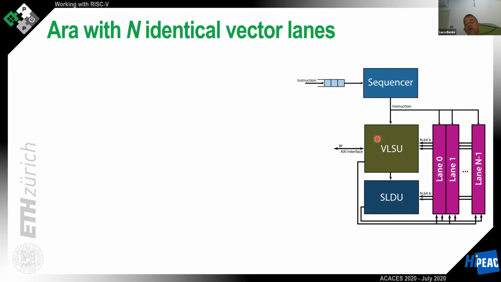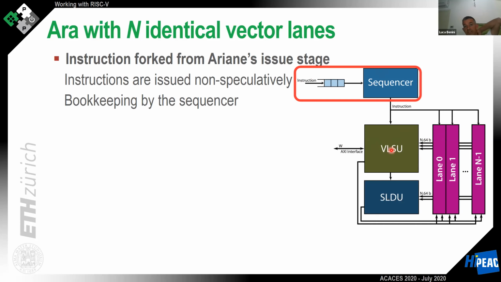And then externally to the lanes, you have a load store unit that will have to get the data out of the memory system and distribute it into the register file so that it can be then ingested by the lanes. And then you also need an instruction sequencer coming from the master processor Ariane to decide what you have to do, if the operations or the load and store.